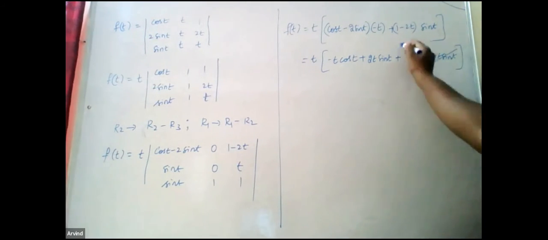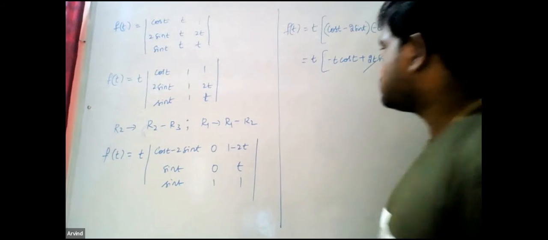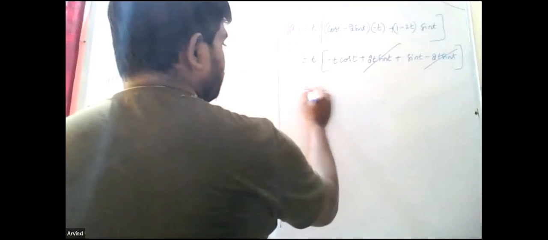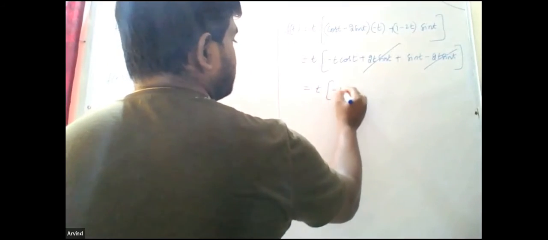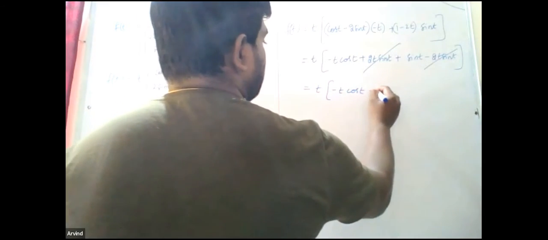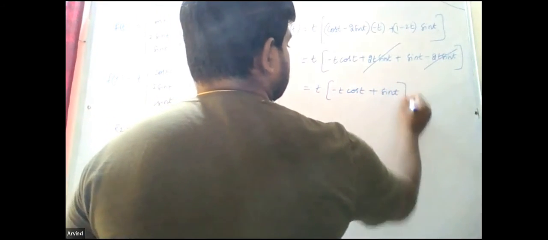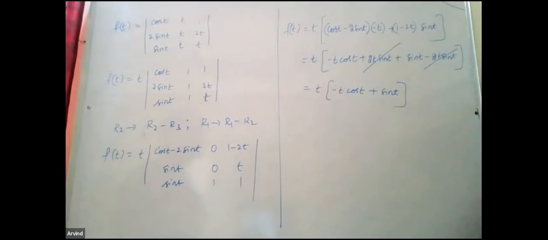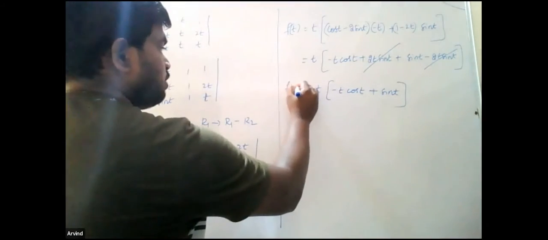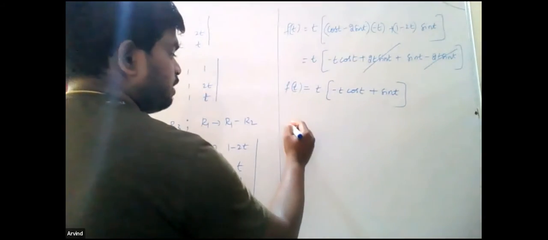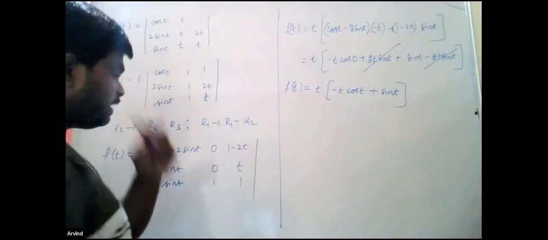Okay, minus 2t sin t plus 2t sin t gets cancelled. So you are left with t into minus t cos t plus sin t. This is your f of t. So now we know f of t. What do we have to do? f of t by t square.